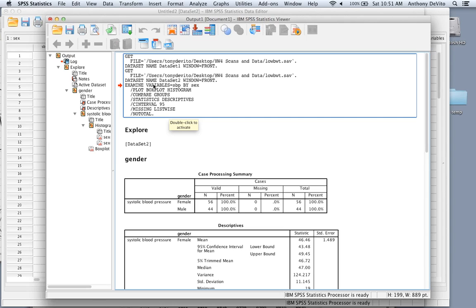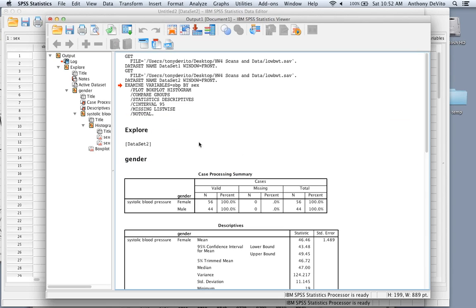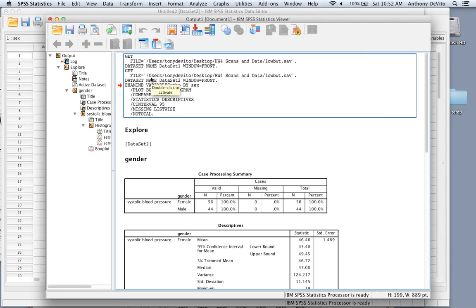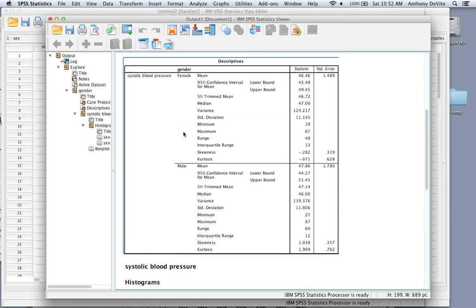Data set name, examine the variables, systolic blood pressure, factored by sex, and now plot the box plot, compare the groups, give me statistics, descriptive statistics, calculate the 95% confidence interval. This is how you deal with the missing values. I left it at the default, and so on and so forth. So this describes what we just did by using the drop menus. And in R, you guys that are working with R know that you would use a similar syntax, right? Not the same thing exactly, but a similar syntax.